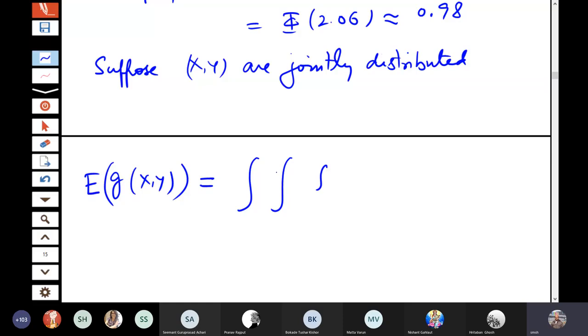Then this is equal to the integral of g(x, y) f(x, y) dx dy, or dy dx, in whatever way you want to write.